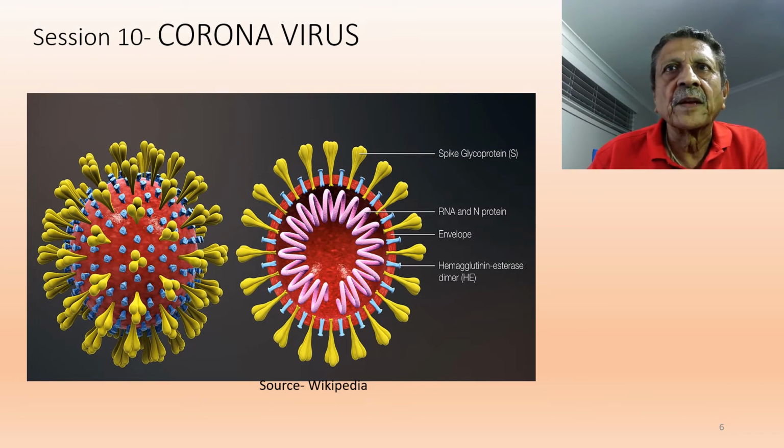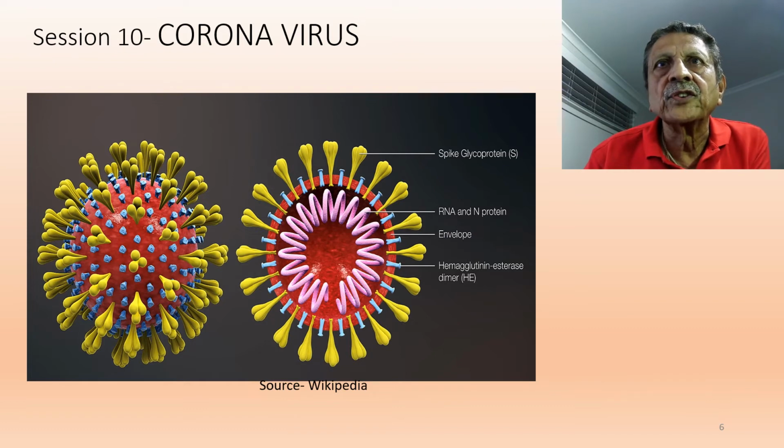The wall of the virus breaks down, and the RNA protein goes into the cell and encourages the animal cell to reproduce and form more of the RNAs, as I explained to you in the previous slide.